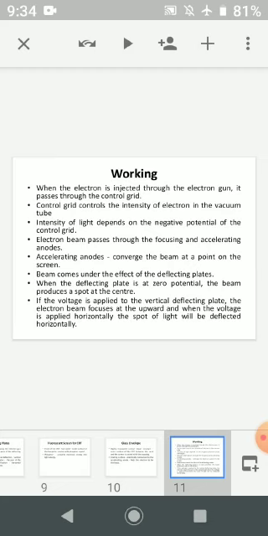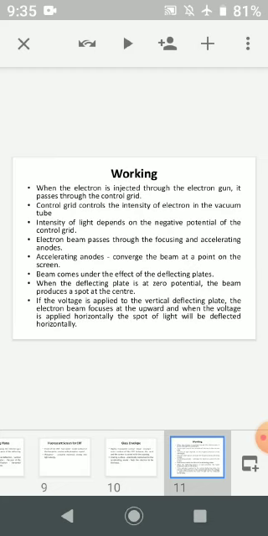After the control grid, the electron beam will pass through the focusing and accelerating anodes. The accelerating anode will be at high positive potential, and so they converge the beam at a point on the screen. After moving from the accelerating anode, the beam comes under the effect of the deflecting plates.